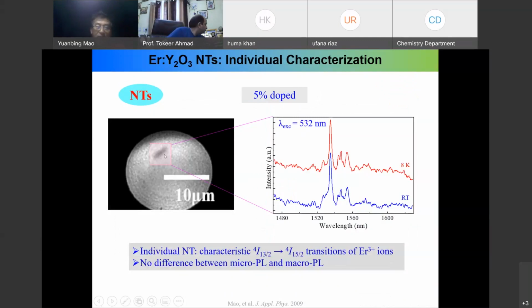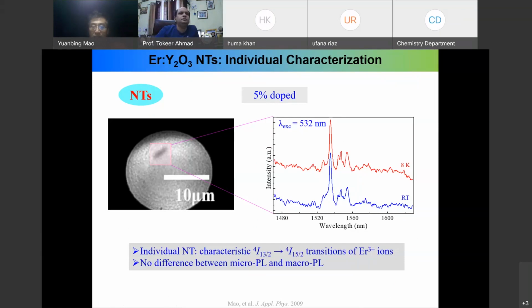For example, here we zoomed in and only excited an individual nanotube. We used micro-photoluminescence spectroscopy and took the photoluminescence spectrum, also at different temperatures.